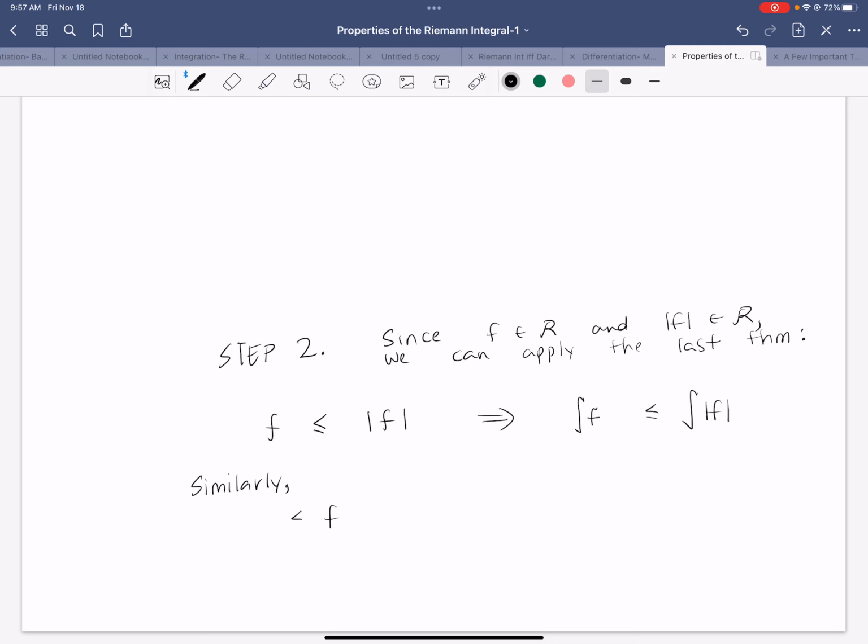Similarly, f is bigger than minus the absolute value of f, right? Because f is going to be in between its absolute value and minus its absolute value. So we'll have that minus the absolute value of f is less than or equal to f.